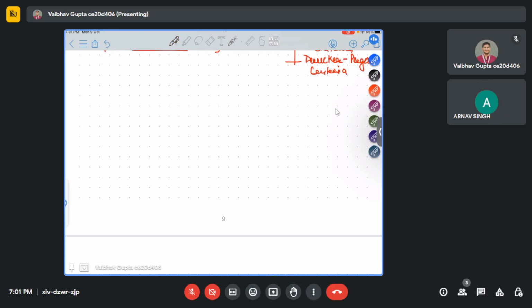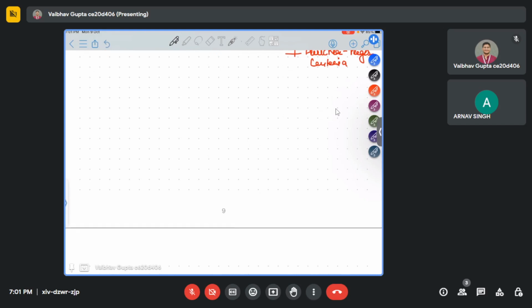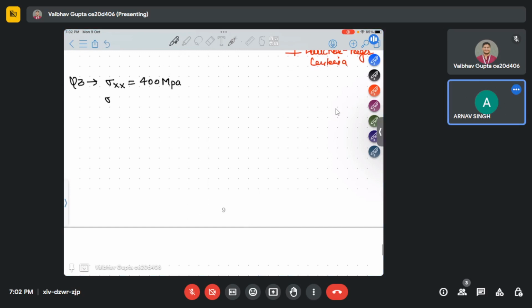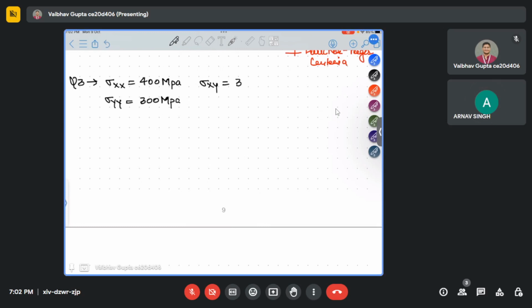So the question states that we have a state of stress in which sigma xx is 400 MPa, sigma yy is given as 300 MPa, and sigma xy is given as 100 MPa. So these are the stress values given to us.